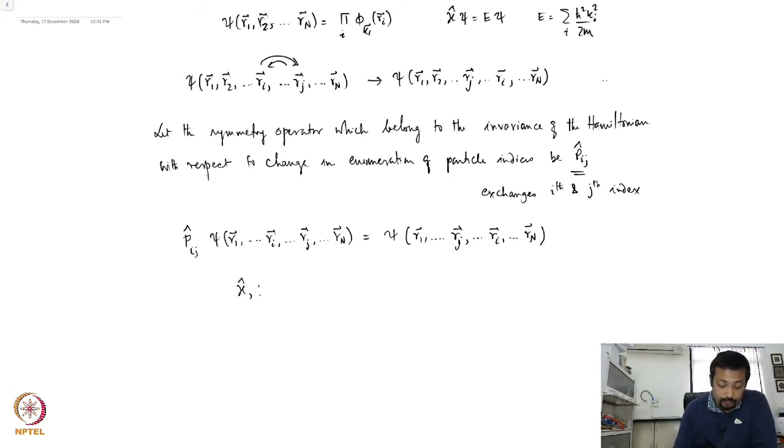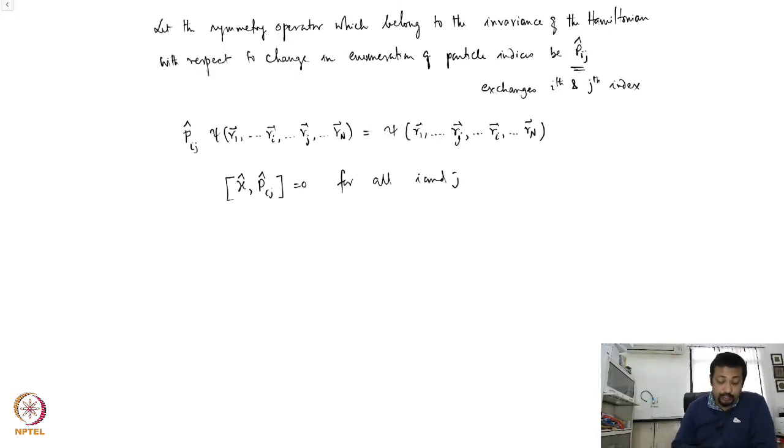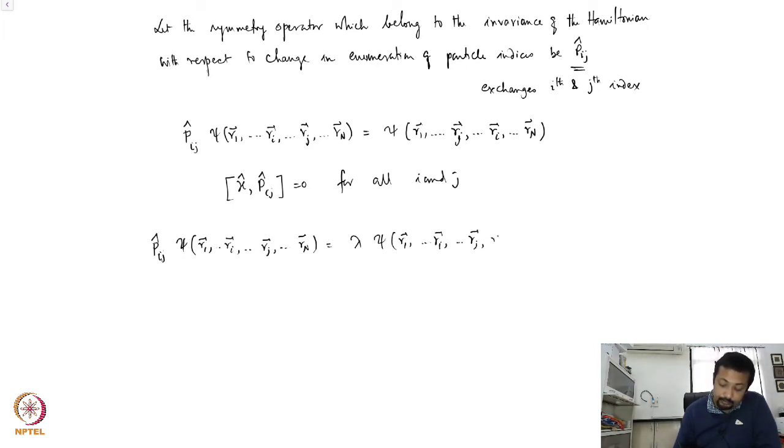And this commutes with the Hamiltonian for all i and j. We now wish to determine the eigenvalues of this operator. So P hat ij psi of r1, ri, rj, rn is going to be lambda times psi of r1, ri, rj, rn.